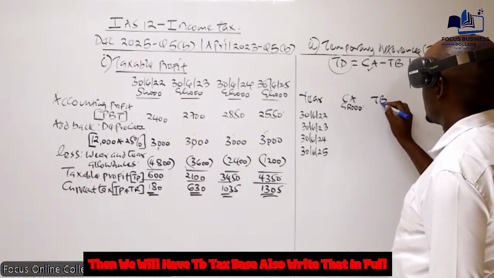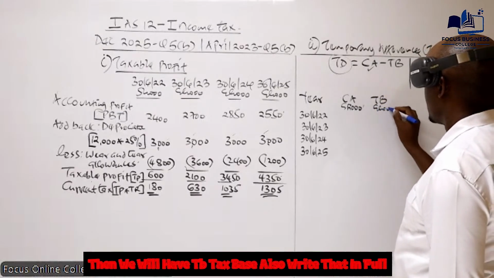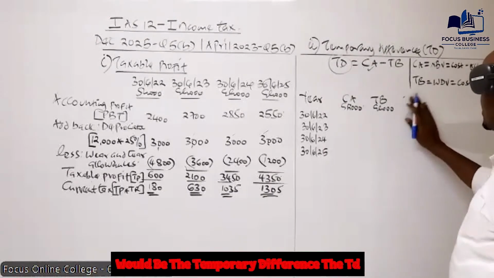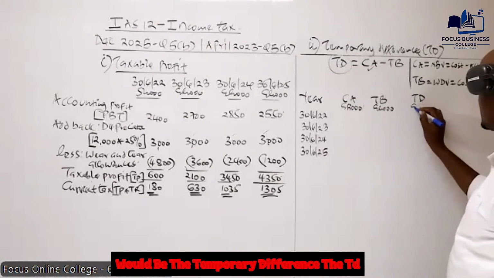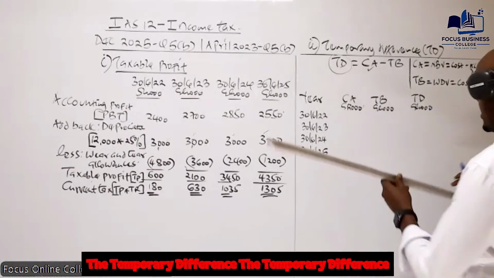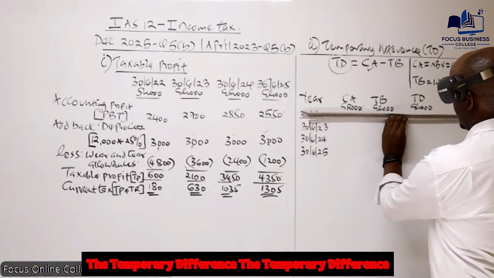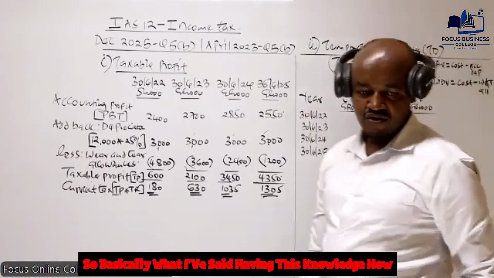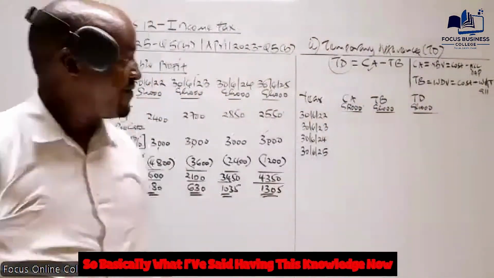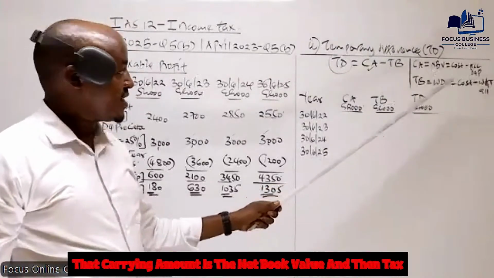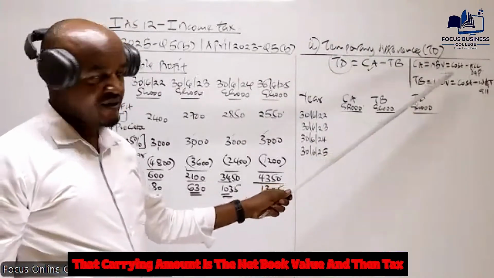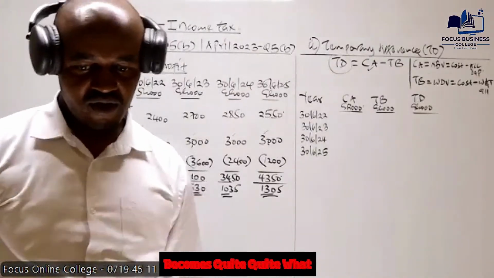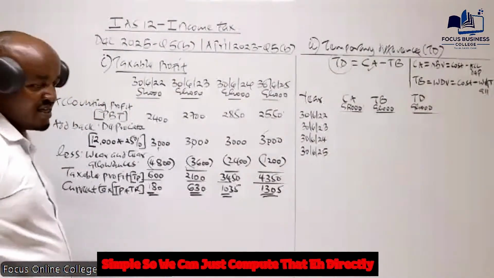Then we will have TB, tax base, also written in full. The difference between these two values will be the temporary difference, the TD. So having this knowledge now that carrying amount is the net book value and tax base is the written down value, that one becomes quite simple. So we can just compute that directly.